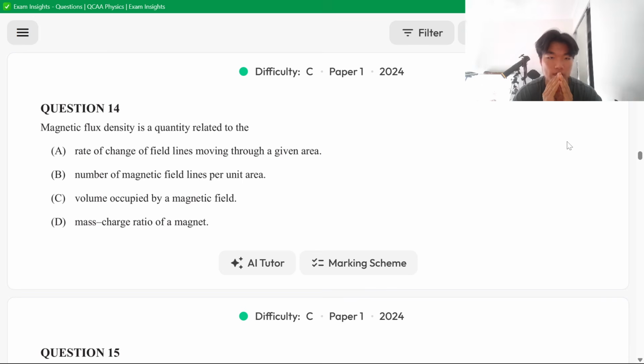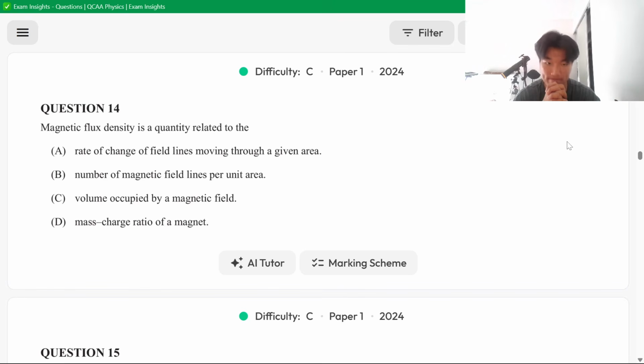Is it related to the rate of change of field lines moving through a given area? No, that's more like EMF. That's more in line with Faraday's law: the induced electromotive force is directly proportional to the rate of change of magnetic flux, the number of field lines per unit area.